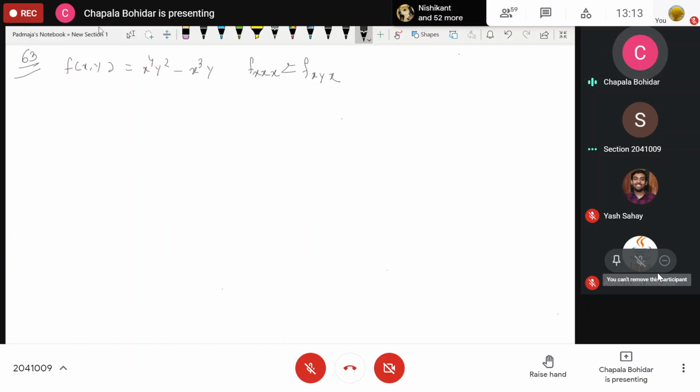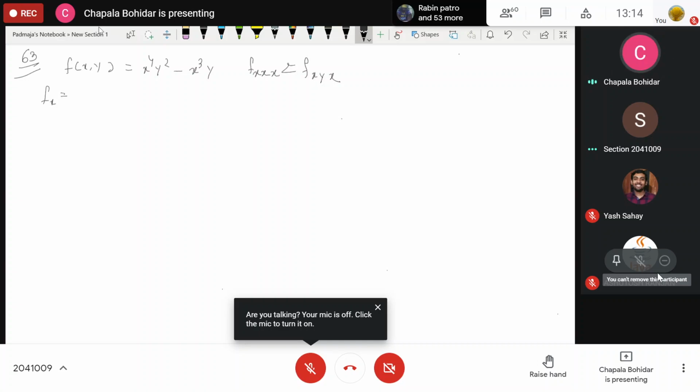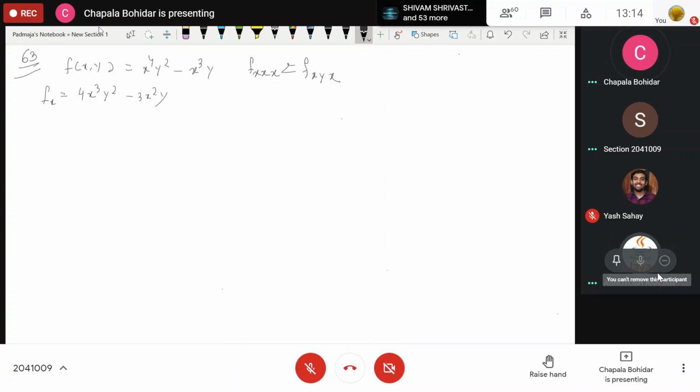We have to find the third order partial derivative here. Here f_x is equal to 4x cube y square minus 3x square y.